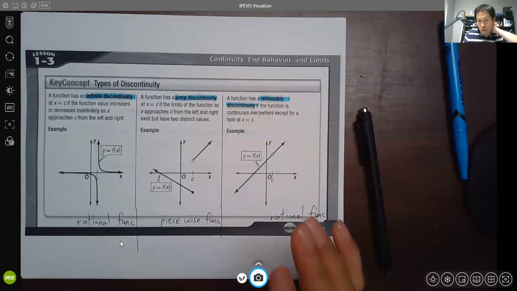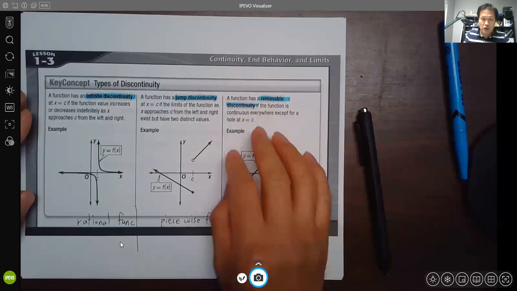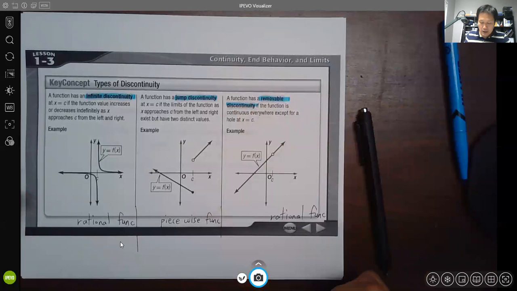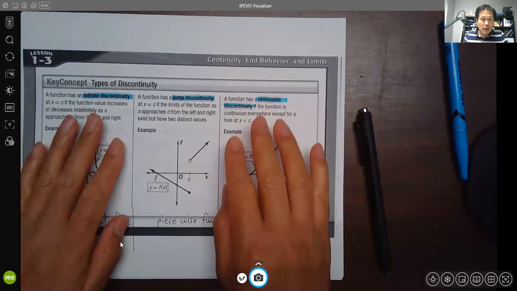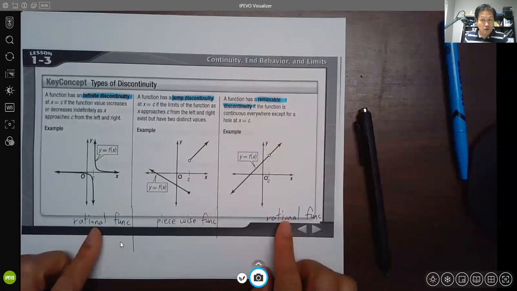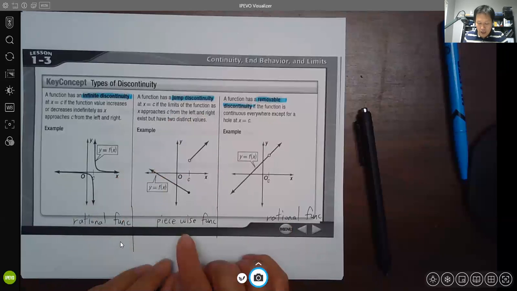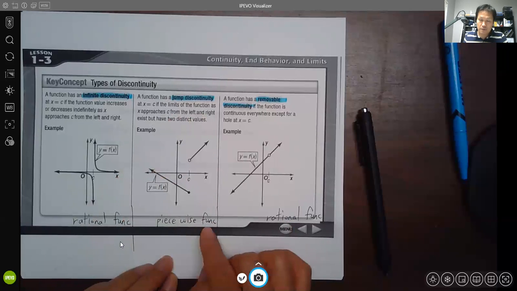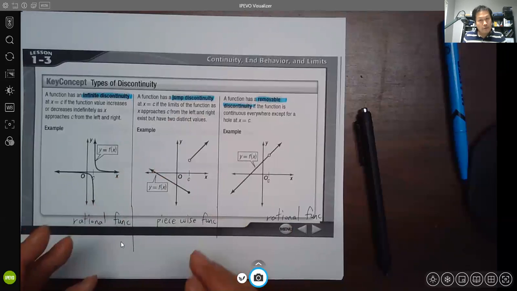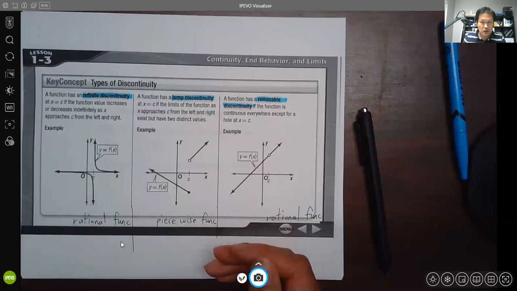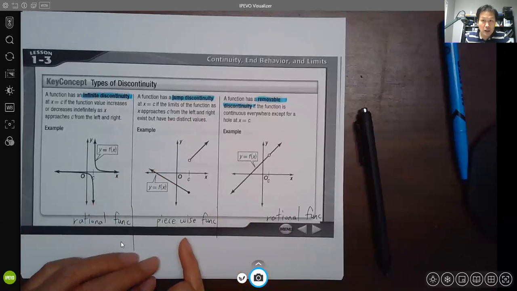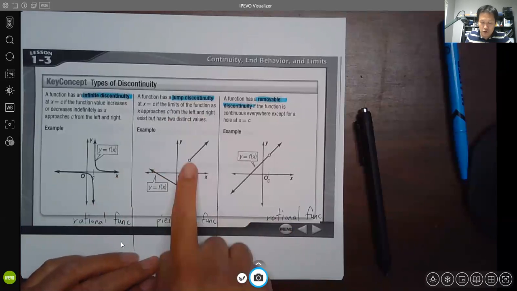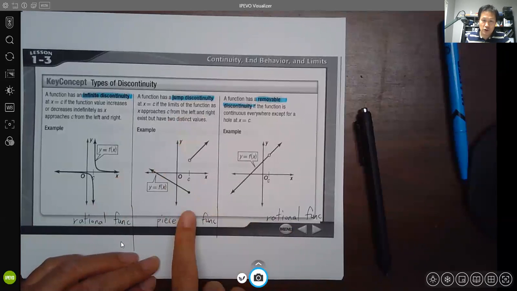Okay, it's very important for you to understand the situation of all these three. These two can happen in rational functions. This one happens in piecewise functions. So if you have a piecewise function, you're dealing with a discontinuity, most likely a jump discontinuity.